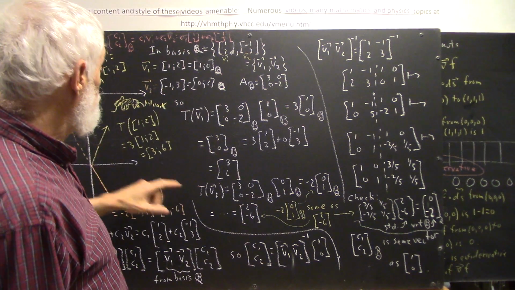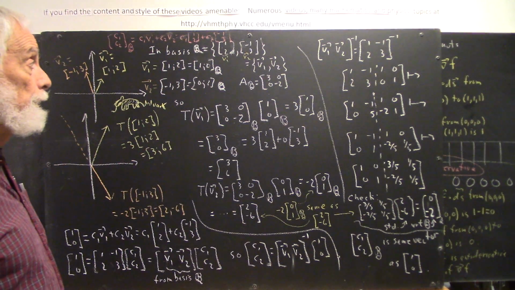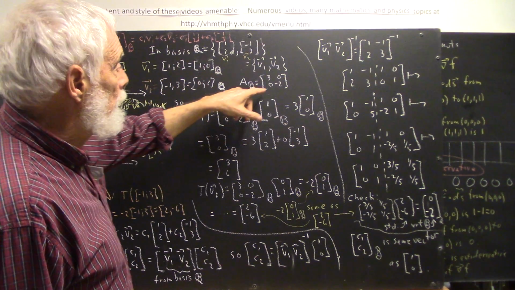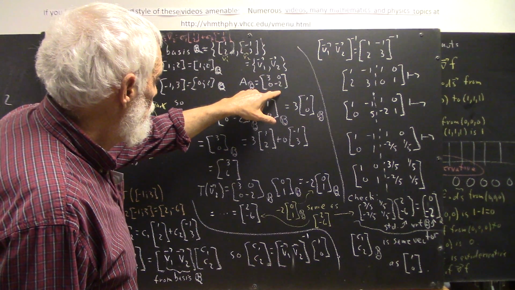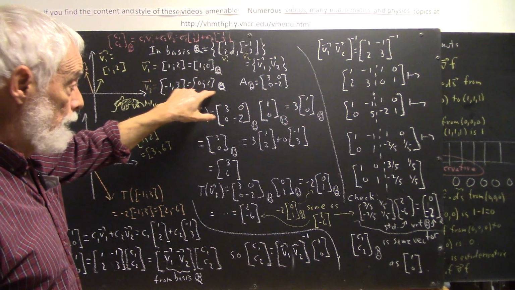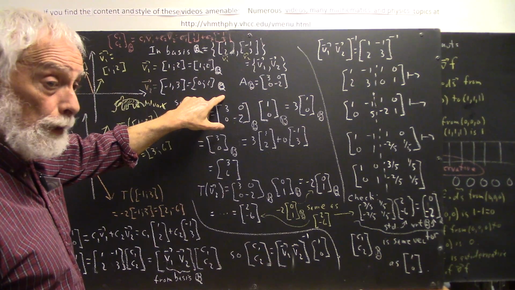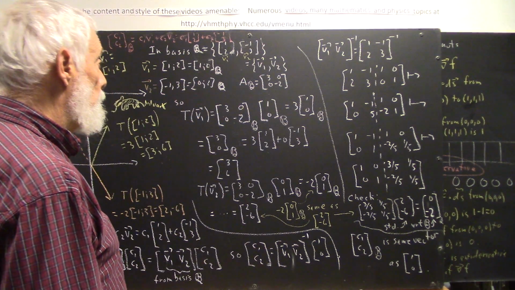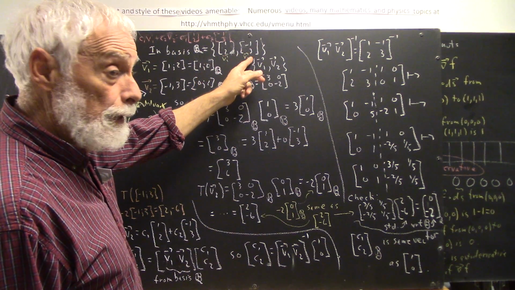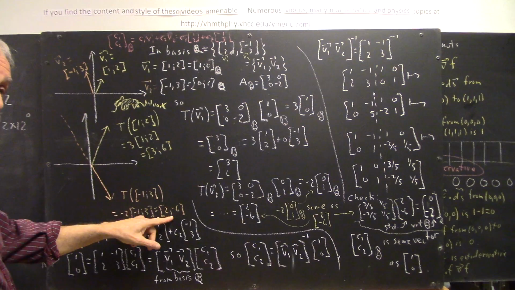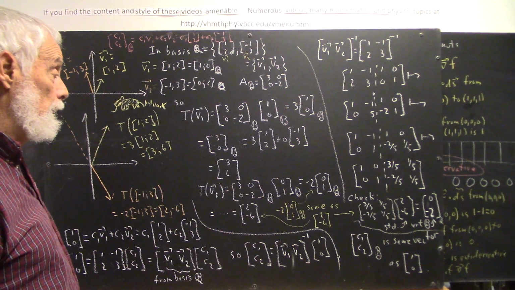In other words, the actual R2 vector will still be (3, 6), but relative to this basis, it's (3, 0). And then if we multiply the matrix by the vector v2 relative to our basis, we're going to get (0, -2), meaning 0 of these and -2 of these. But -2 of these is, of course, just this, as you can easily verify by multiplying.